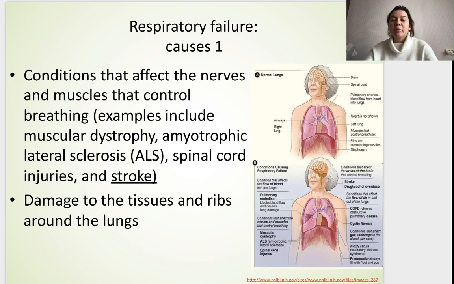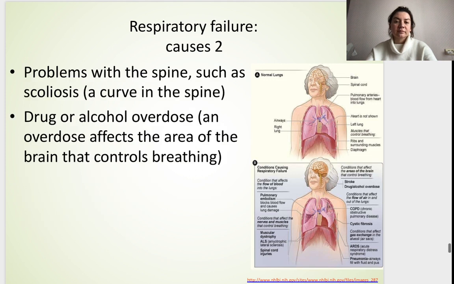A little bit more about causes of respiratory failure. Conditions that affect the nerves and muscles that control breathing. Examples include muscular dystrophy, amyotrophic lateral sclerosis, spinal cord injuries, and stroke. Damage of the tissues and ribs around the lungs. Problems with the spine such as scoliosis, of course in very severe cases.